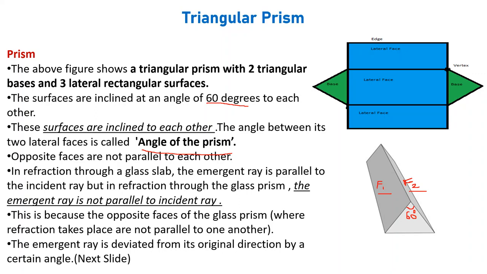If I pass a ray of light through this prism, and this ray of light is a little bit inclined, it is just to show you how the ray of light, when it passes through the prism, gets refracted to a certain angle, then again gets refracted here because of the change in the medium.